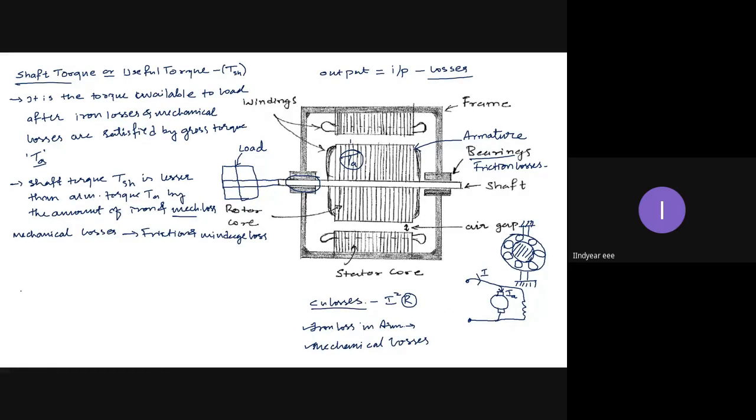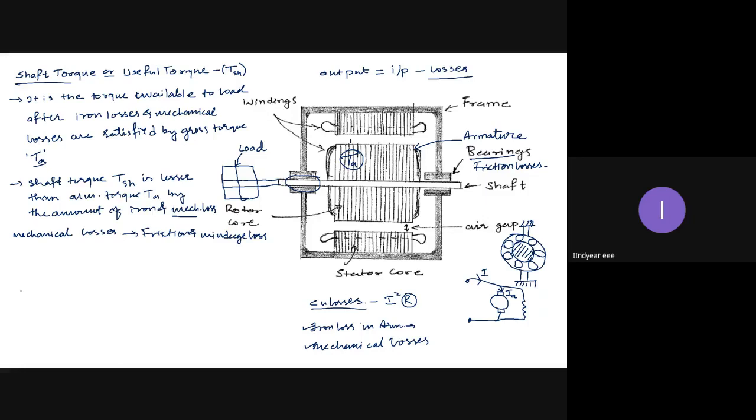Yes. So when you want to move any body from one place to another, will it move with minimum force if the body is heavy? So we have to overcome the friction, right? So therefore, the amount of power that is developed in the armature PA has to overcome these friction losses.